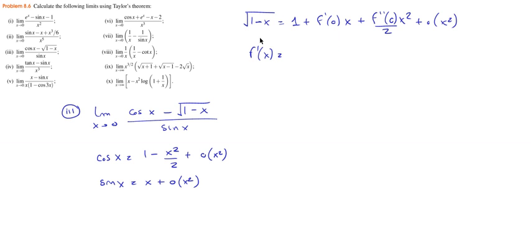The derivative is minus 1 half times 1 minus x to the minus 1 half. And the second derivative is going to be minus 1 half times minus 1 half minus 1, which is minus 1/4 times 1 minus x to the minus 3/2.